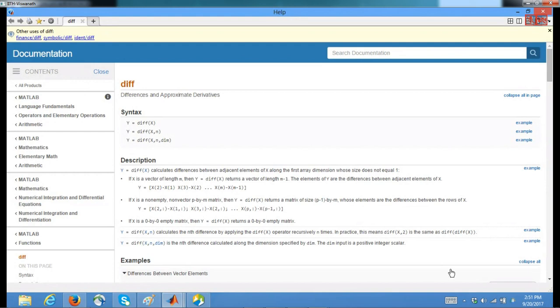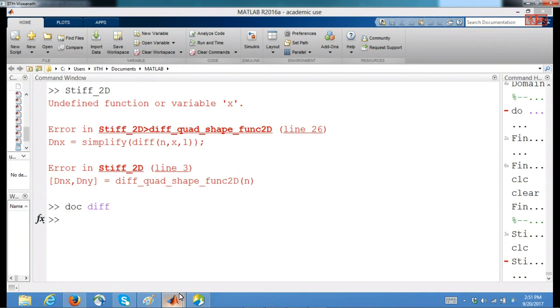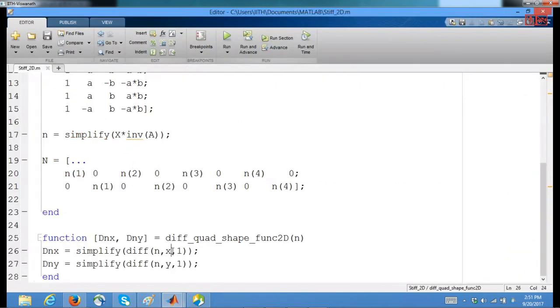It is the other way around. Let me just check this one.